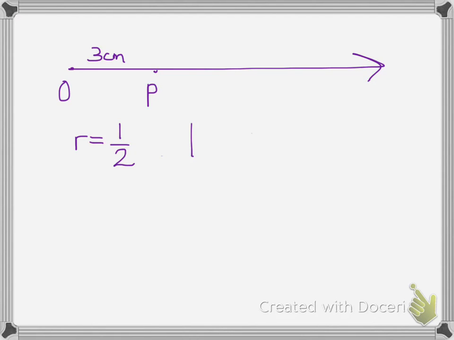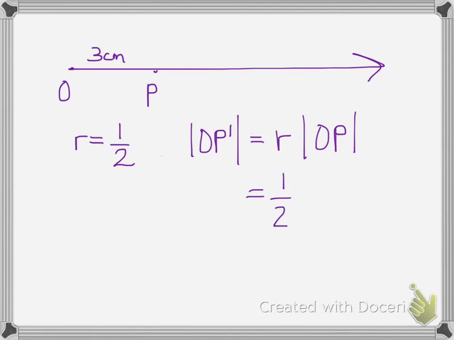The length between O and the image of P, or P prime, OP prime is going to be the scale factor times OP. Same thing is true. This time our scale factor is 1/2. The length of OP is still the same at 3 centimeters.